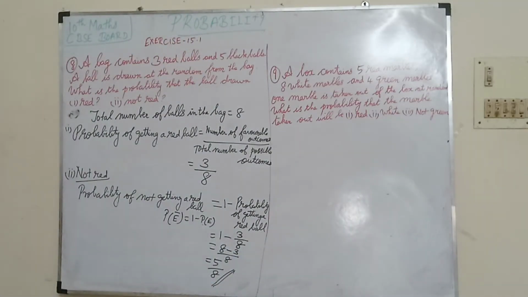Then what is the probability that the marble taken out will be red, white and not green?